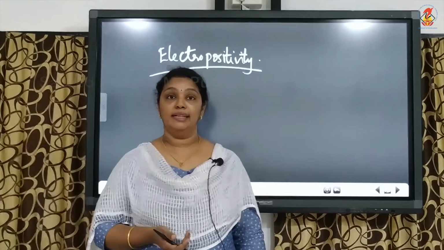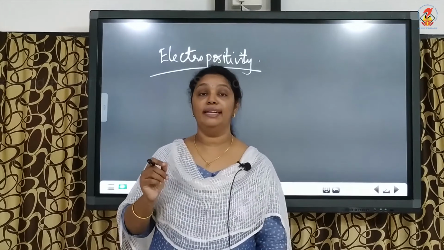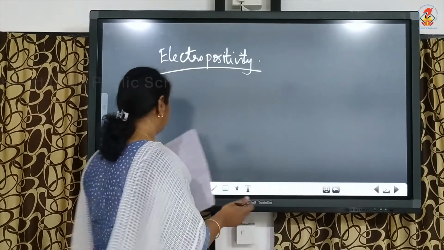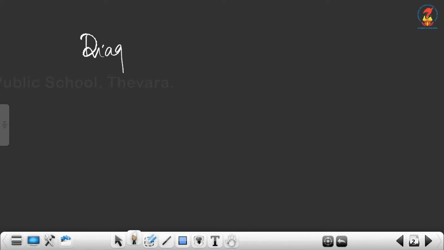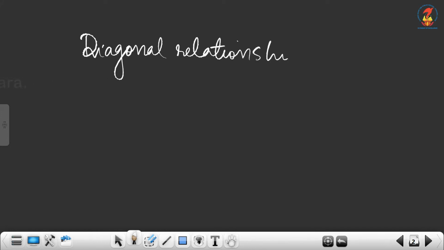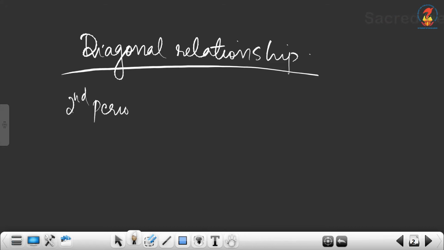Now next let us see a term called diagonal relationship. Now I am going to write a few elements from the second period.